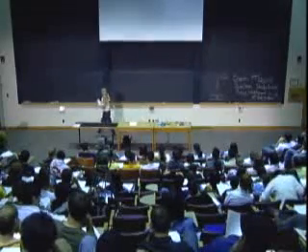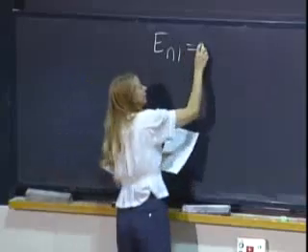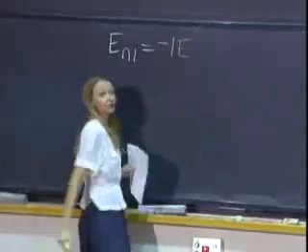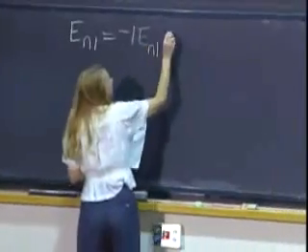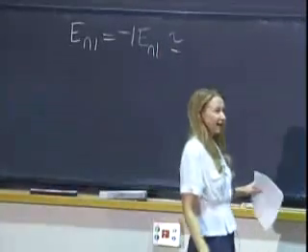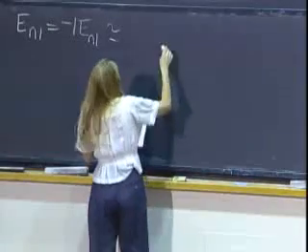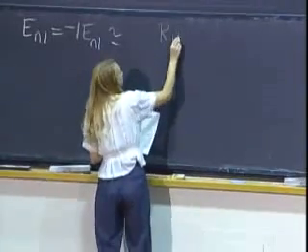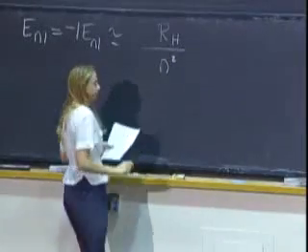Okay. So I said these energies, which are now a function of n and l, are minus the ionization energy from that nl state. I'm going to approximate that with a hydrogen-atom kind of energy scheme. That is, I'm going to set this equal to R sub H, the Rydberg constant, over n squared.